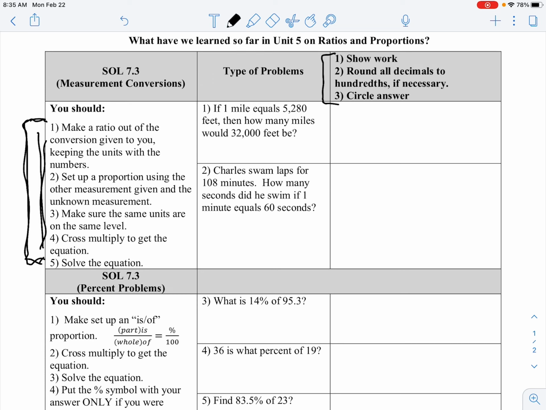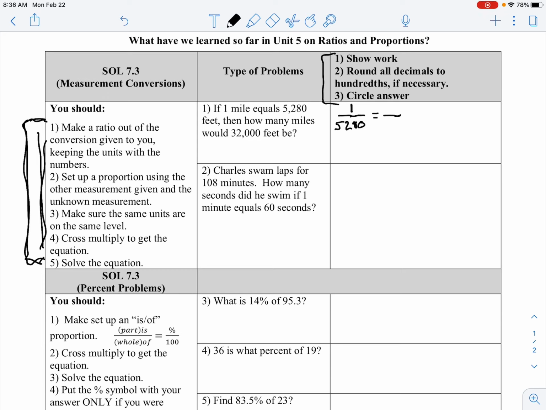So what that means is we want to set up our first ratio out of the units given to you. So we want to know what is equal to what. I'm going to put miles on top here. So we know that 1 mile is 5,280 feet. And now we want to set up that proportion.